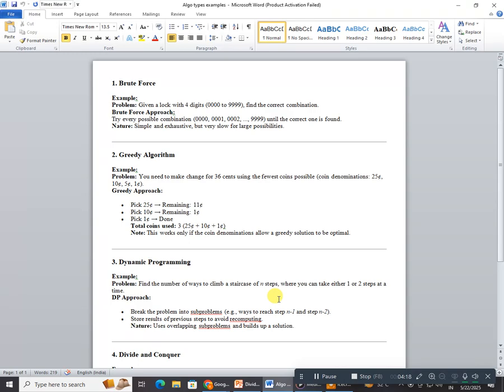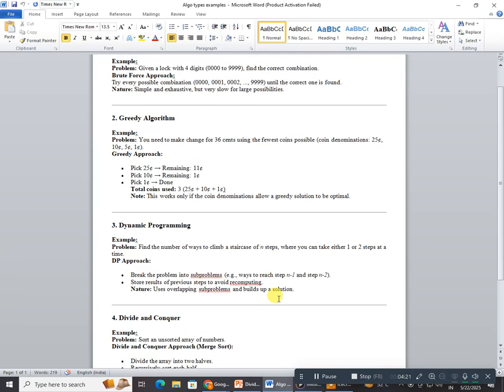Now let us study the third approach, dynamic programming. Dynamic programming means creating a set of sub-problems and then using the results of those sub-problems to solve a larger problem. Here the example problem states: find the number of ways to climb a staircase of n steps where we can take either 1 or 2 steps at a time.